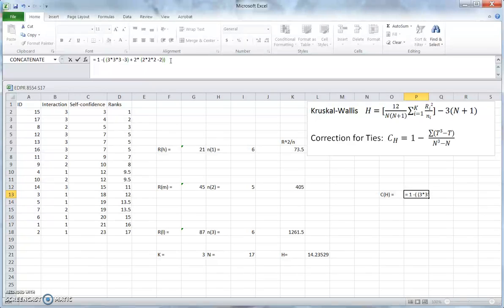Divide by the denominator, which is 17, remember, to the power 3, so times itself, then times itself again, minus 17. Okay, so the correction is very minor, it is 0.99.